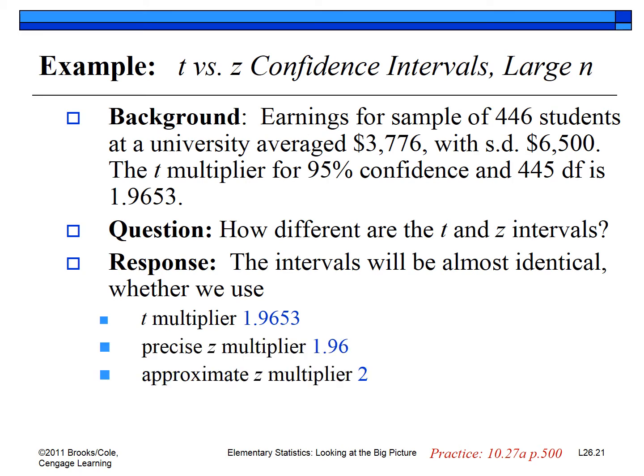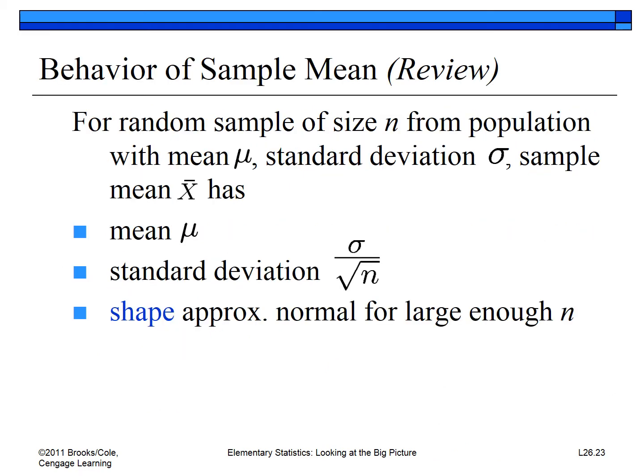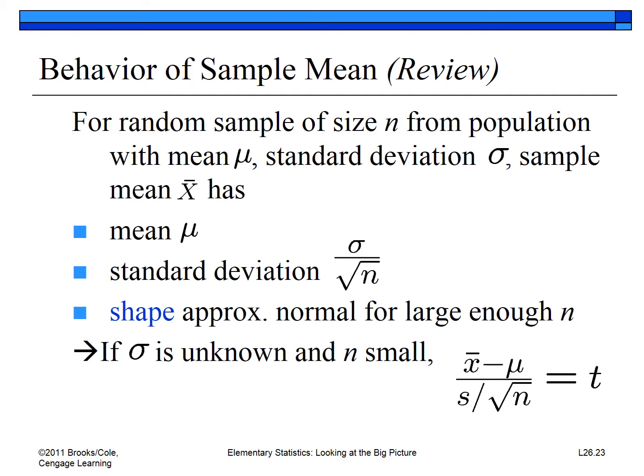Those are really close together. So both intervals will be about the same. Now remember that sample means are a random variable centered at mu with standard deviation sigma over the square root of n. The shape of the distribution is approximately normal as long as n is large enough. Now, if sigma is unknown and n is small, then when we standardize, we get t.